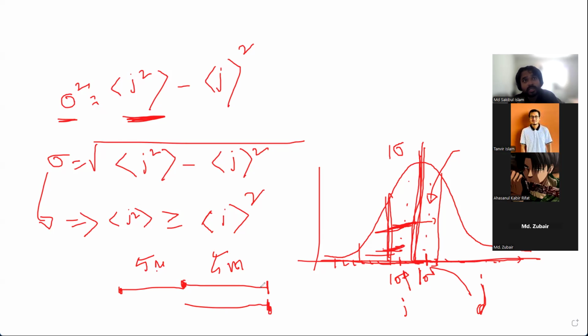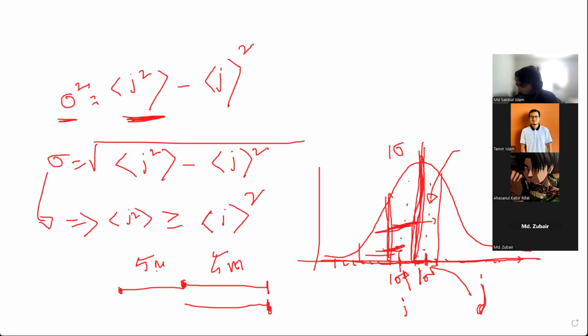Let's extend this idea in the distributions. We are ending with sigma square variance or sigma. We are ending into sigma from the spread, how it is spreading, how far it is from the average value. That is my starting point. You can take any value on the right side or on the left side.